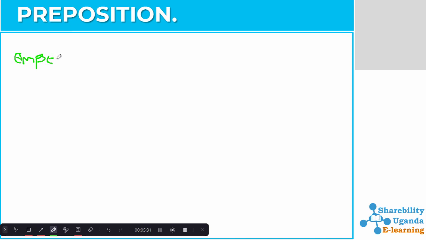So for you to show someone that this is an empty set, we use symbols, like you draw this and then you cancel it, something like a Q. Another symbol you can use is this, something like that.